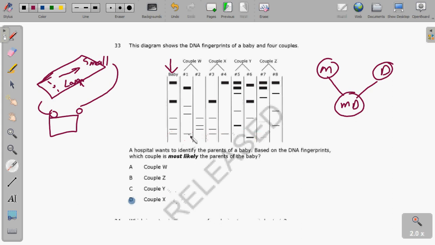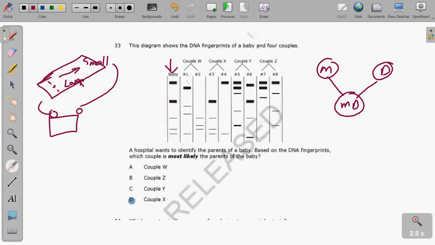So the couple that is most likely to be the parents of the baby is couple X. There's a match here, here, here, and here. So that's how you would look for this. You're looking for the suspect or the couple or the organism that is most similar to the evidence.